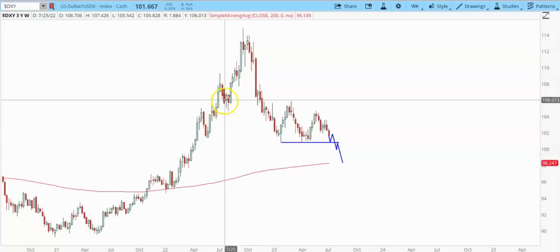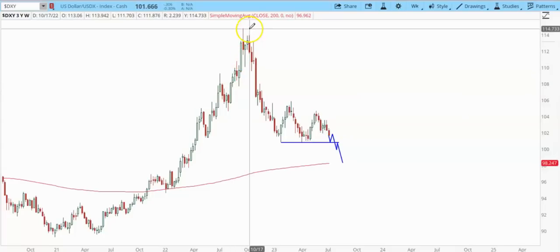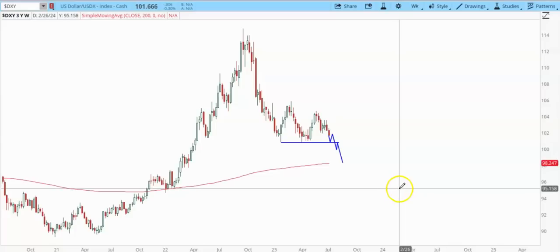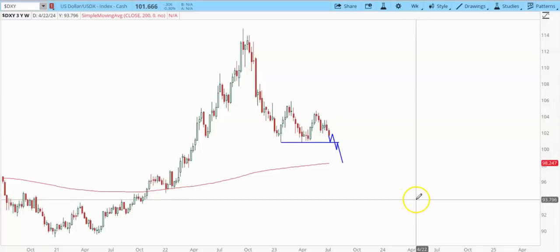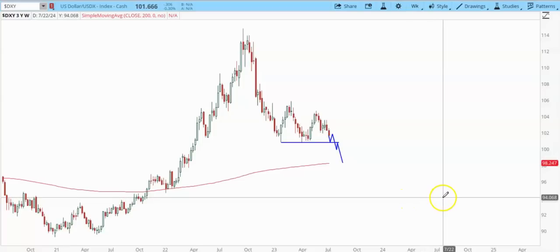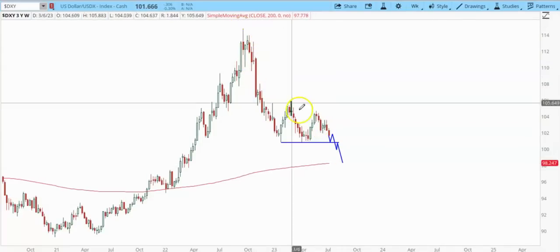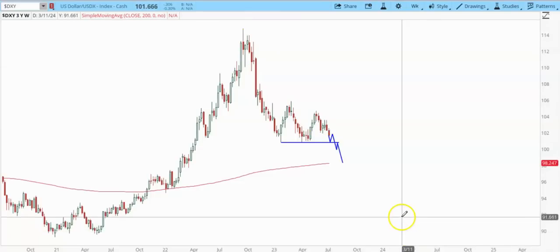This has all of the earmarks of a parabolic semi-bubble structure that has popped and is now in decline. We've got the 3-year cycle low coming due somewhere out here in spring to early fall of next year. So I think the decline that started right here is going to continue into 2024.